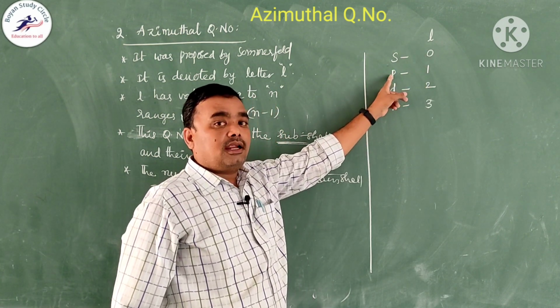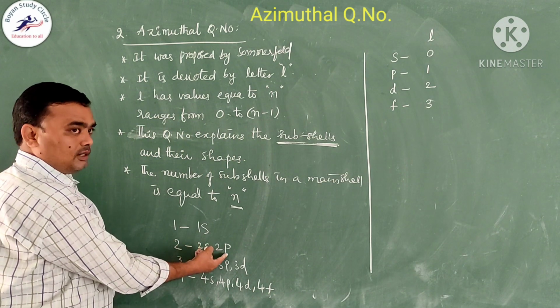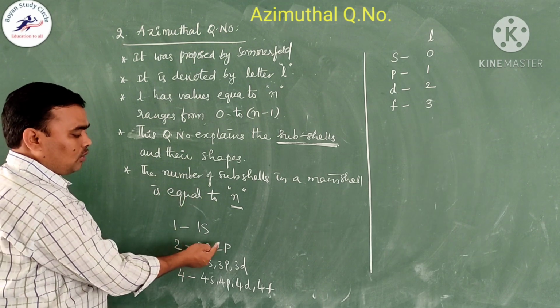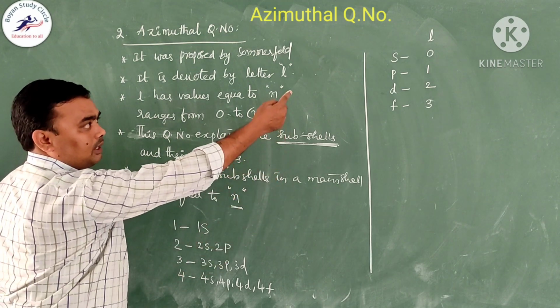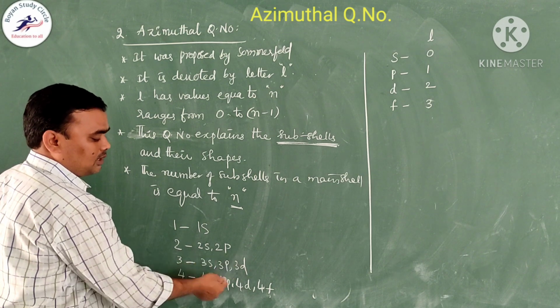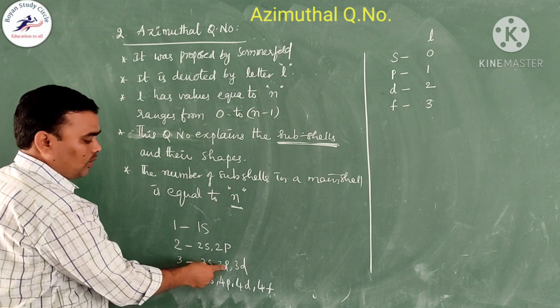And in the second main shell, what are present? 2s and 2p, so total values are 2, and they are 0, 1. So, p has 1. And in the third main shell, 3 subshells are present and their values start from 0, 1, 2.